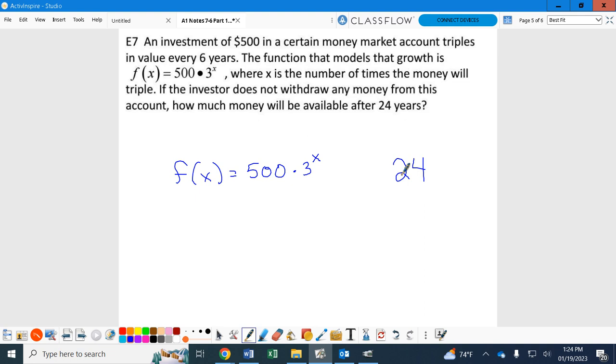You divided 24 total years, and every 6 years it's going to triple, so it's going to triple a total of 4 times. That's how many times your money will triple. So 4 is the number you plug in for this. F of 4 equals 500 times 3 to the 4th.